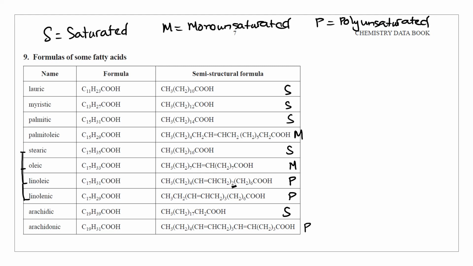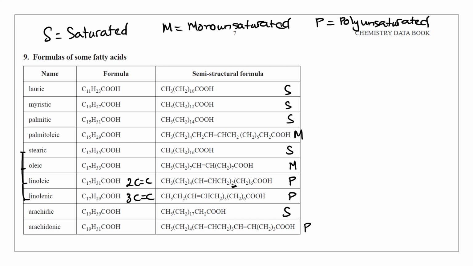It shows you the difference between a saturated version and a monounsaturated version, and then both of these are polyunsaturated, but this one has 2 CC double bonds, linoleic, and linolenic has another one, so 3 CC double bonds.